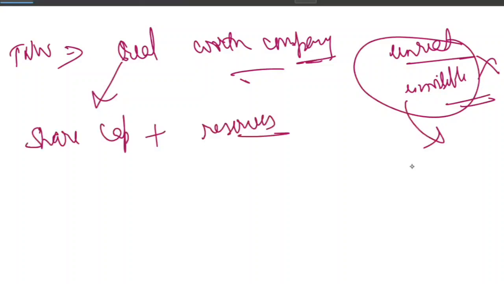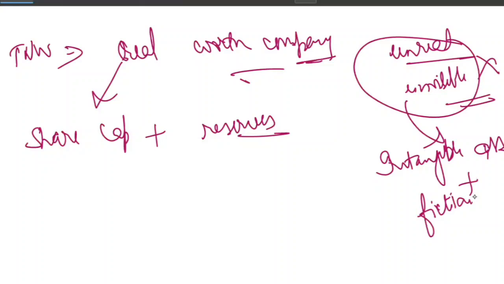Unreal items are deducted: this includes intangible assets, anything you cannot touch, which has to be eliminated. In addition, any kind of fictitious asset has to be eliminated. So TNW tells us, if the company stops working, if the company liquidates, how much money can we recover. That is what total tangible net worth tells us.